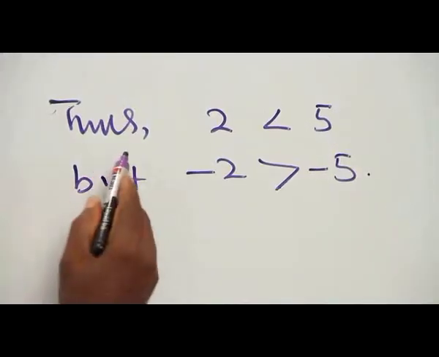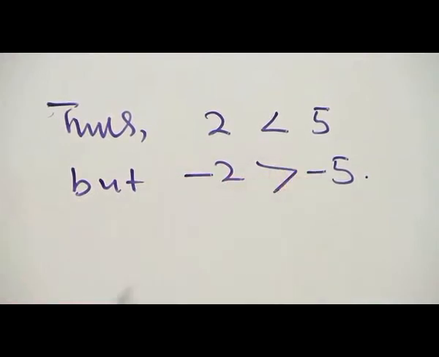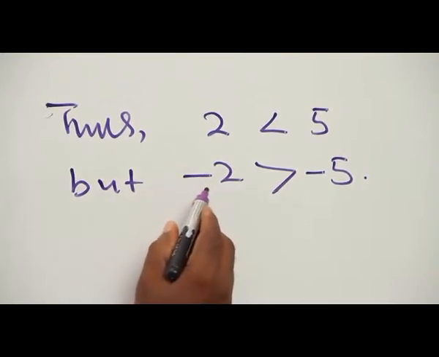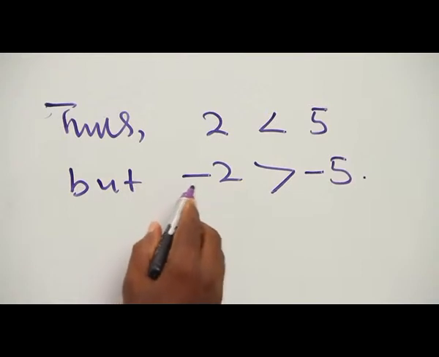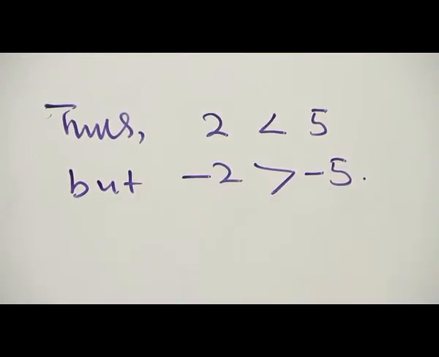Thus, 2 is less than 5. That's correct. But if we multiply both sides by a negative value, maybe minus 1, minus 2 now is greater than minus 5. You can identify that from your number line.